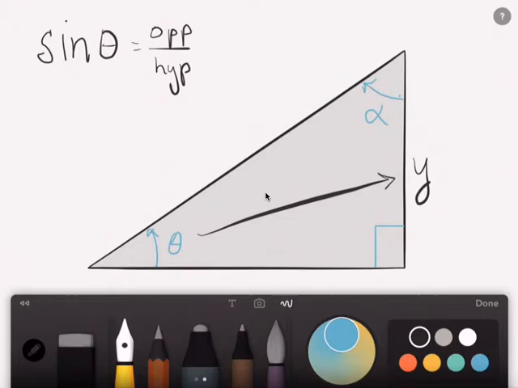And what is our hypotenuse? Well, our hypotenuse is always the largest side in a triangle, and it's always opposite to the largest angle in the triangle. And remember, we define this as r. So we can easily say that sine of the angle theta equals y over r. Does that make sense?